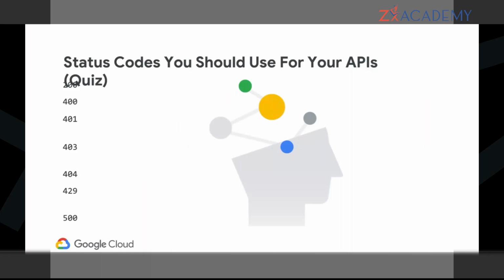401 is unauthorized. For example, when your API key is not valid, or if you are sending a basic authentication or OAuth token and that token is not valid, in that case 401. 403 is forbidden.